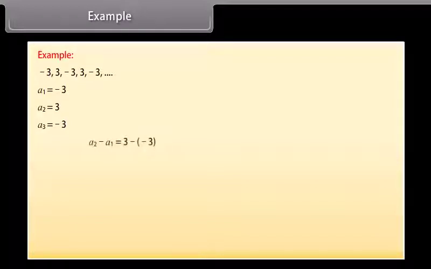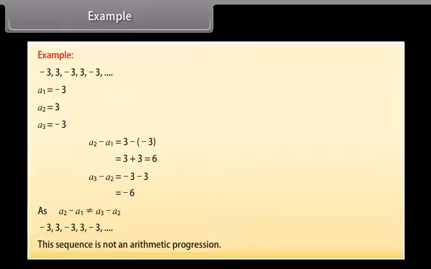Now let's find A2 minus A1, which is equal to 3 minus -3, which is equal to 3 plus 3, which is 6. Also, A3 minus A2 is equal to -3 minus 3, which is -6. As A2 minus A1 is not equal to A3 minus A2, the given sequence is not an arithmetic progression.